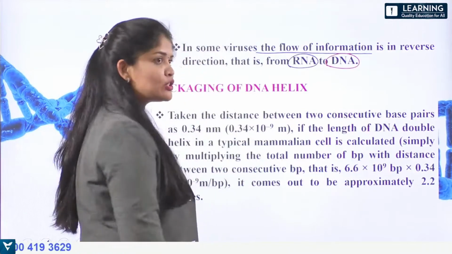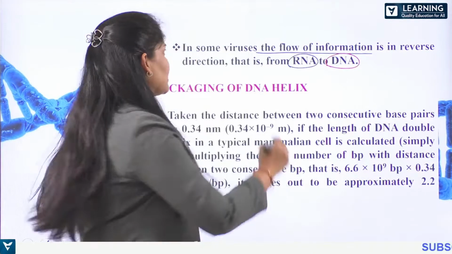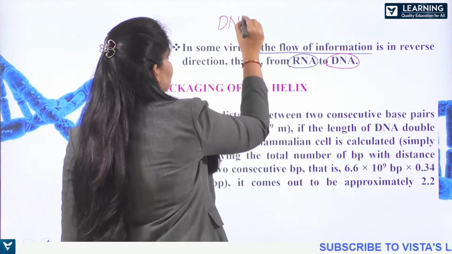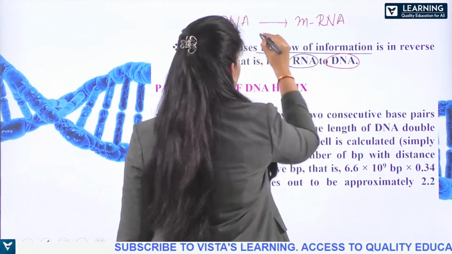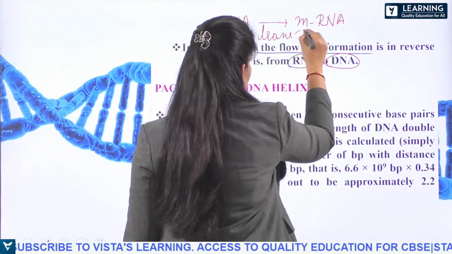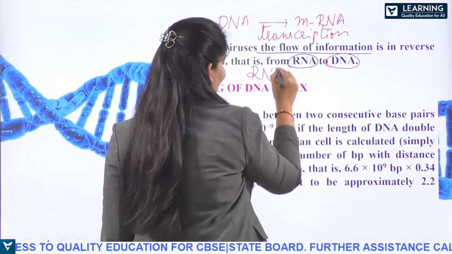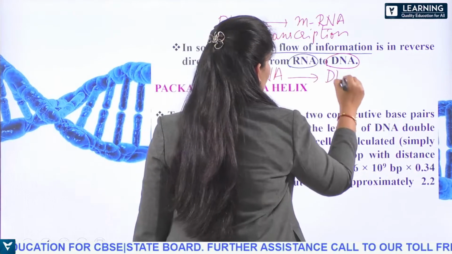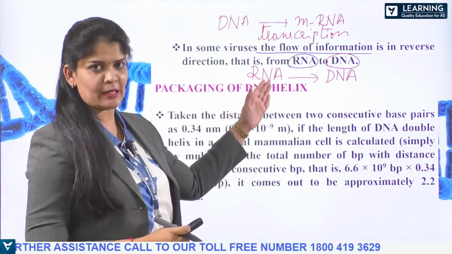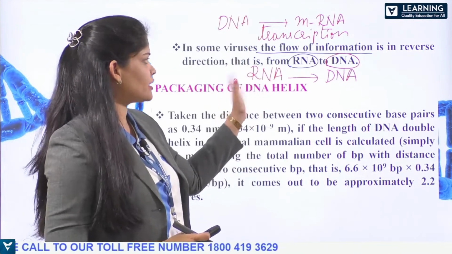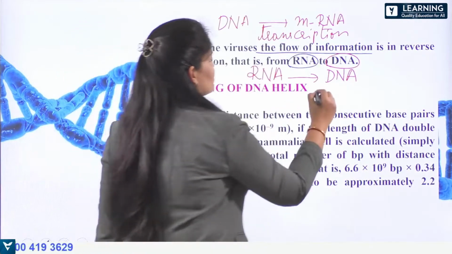That means formation of DNA from RNA, which is reverse transcription. If DNA gives its information to be transcribed into mRNA, that is transcription. Here, the RNA stores the information and is converted into DNA, the reverse of this process: reverse transcription.